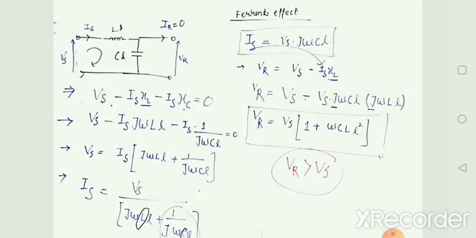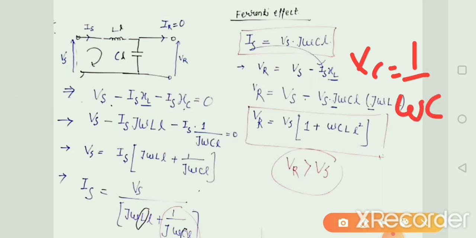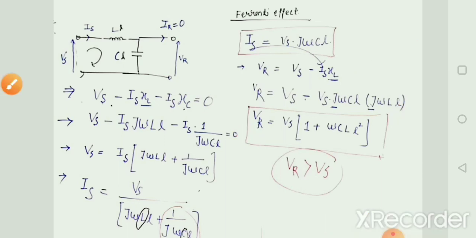And we know that Xc equals 1 over j omega c, so here we multiply it with l. Now this is our equation for the second step.